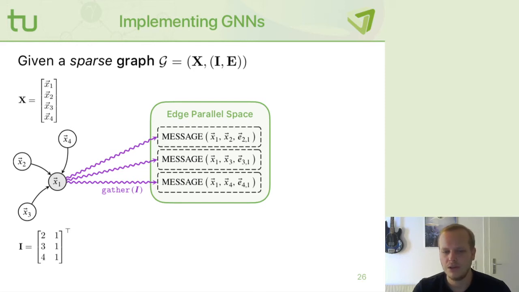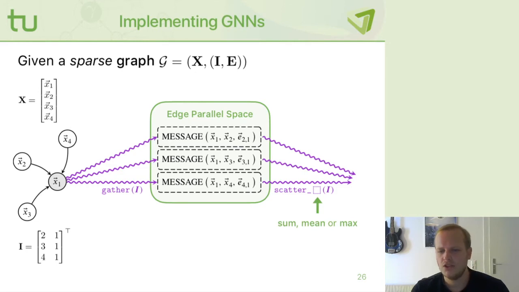After computing the messages sent along each edge, we need a way to aggregate these messages back into the node space. This operation is typically known as a scatter operation. This scatter operation takes in the target node indices of all edges and uses them to aggregate the messages together that are part of the same destination.